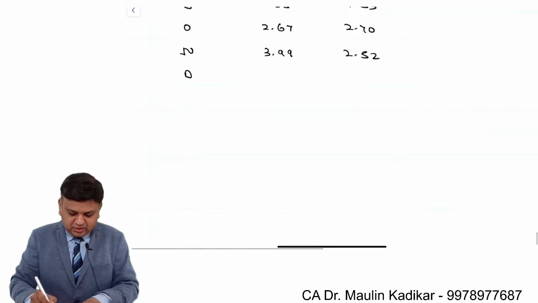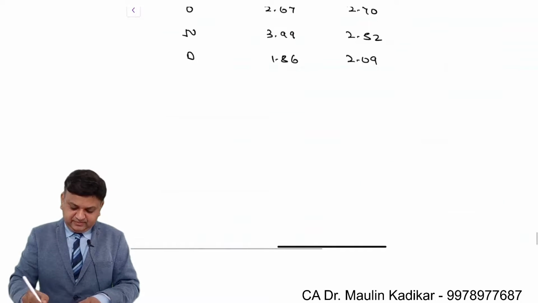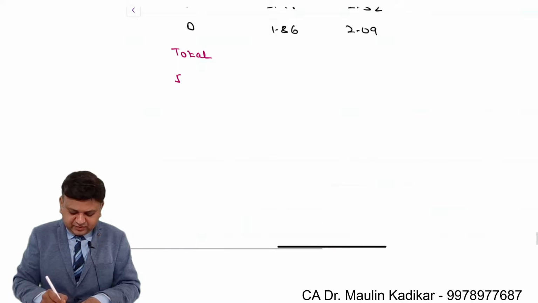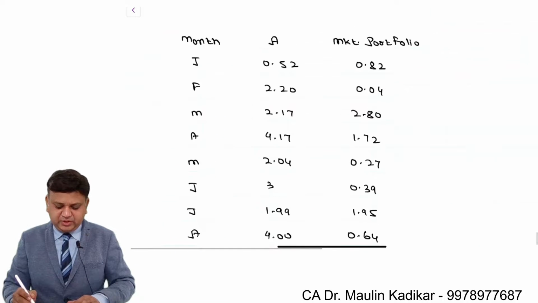December, 1.86, 2.09. We'll make the total of the same and then we'll make the calculation of the average. Why do we do it? I will explain that to you in 2 minutes of time.